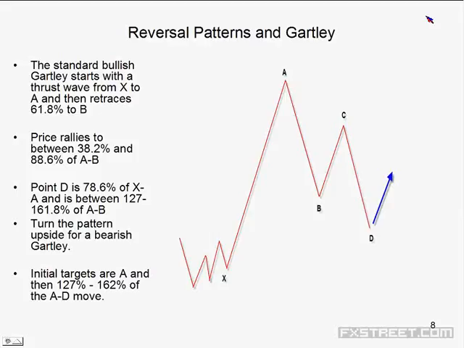Now, indeed, you can look at this overall and see that that's yet another measured move in the making, because if you reckon on X to A being a fairly strong move, A to D being the correction, and then D to the final target, it could well be a measured move of the entire pattern.